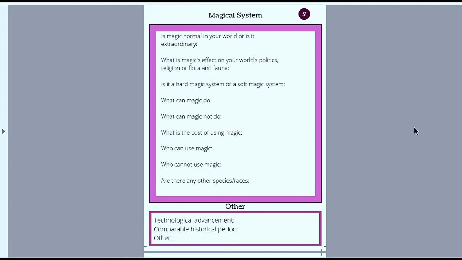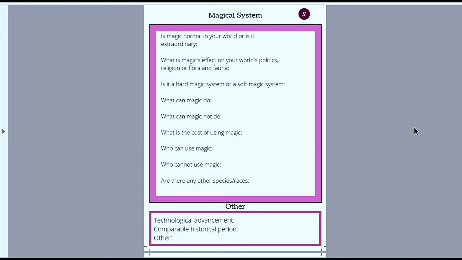If it's extraordinary, it'll probably be a low fantasy or magical realism, or something like that. Then what is magic's effect on your world, on politics, religion, flora and fauna?